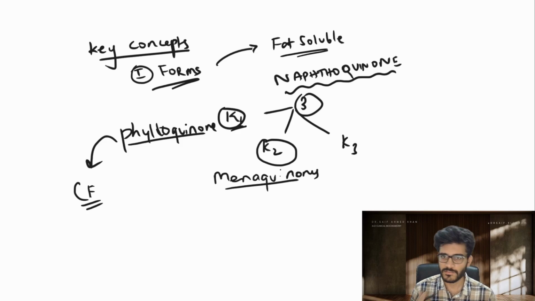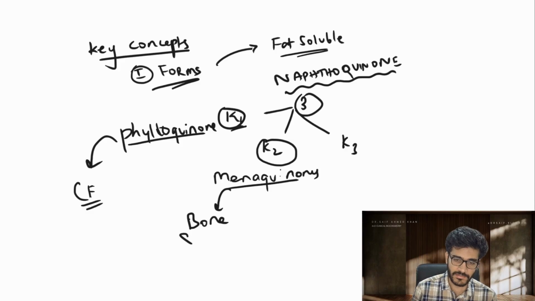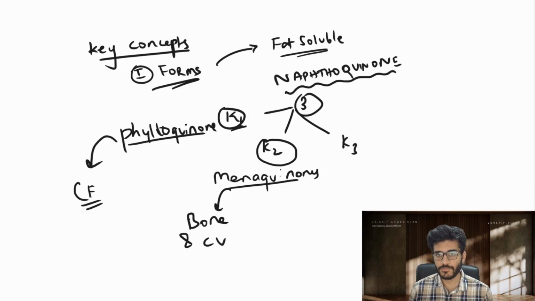Other than that, there is cheese and some animal products. And some forms have also been known to be formed endogenously. The clinical relevance is it's increasingly recognized for its role in extrahepatic tissues. Anything other than the liver is extrahepatic, especially bone and cardiovascular health. K2 is the silent guardian of your arteries and bones.